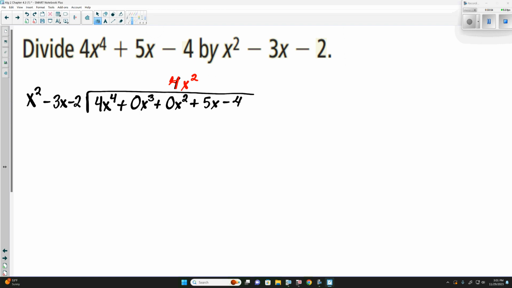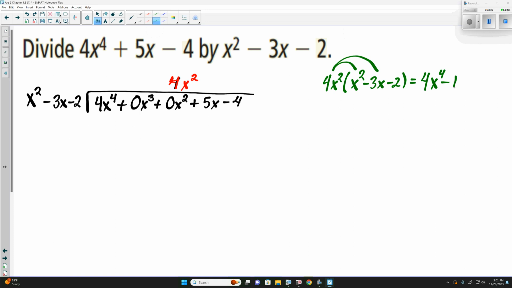So to start this off, we're going to be multiplying 4x squared by our x squared minus 3x minus 2. Well, our 4x squared times x squared is 4x to the fourth. 4x squared times negative 3x is negative 12x cubed.